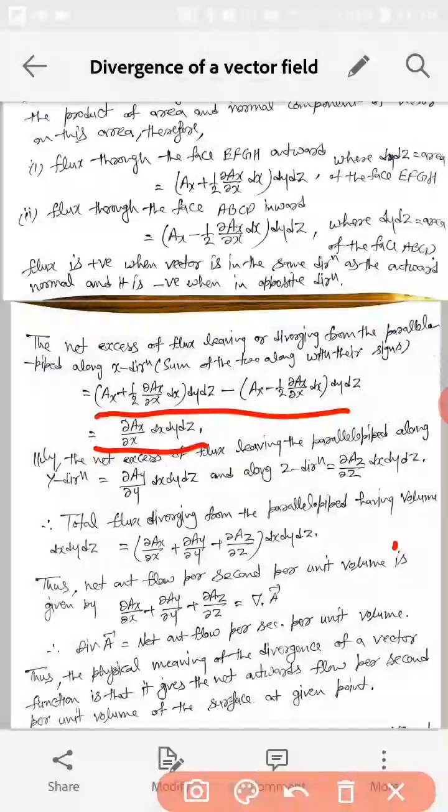Now we are calculating the total flux diverging from the whole parallelepiped. That will be the sum of all these three, so that will become (∂Ax/∂x + ∂Ay/∂y + ∂Az/∂z) dx dy dz.